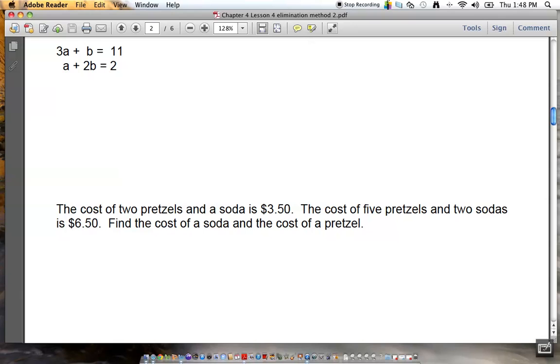Come on, hurry up. Come on, let's go. Got to get rid of one of those variables. If they both work, you can get rid of either one of them. It doesn't matter which one.